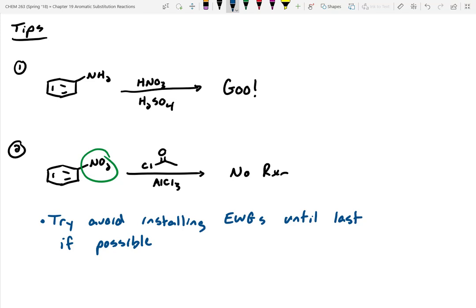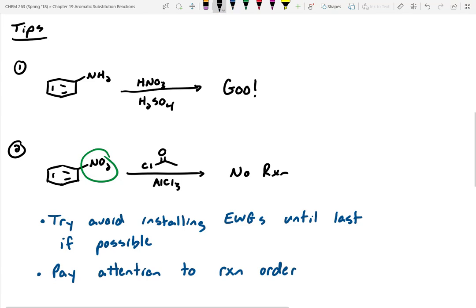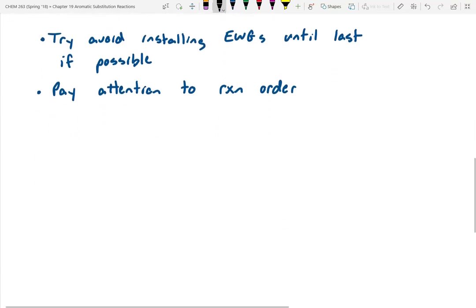So maybe install that nitro group later on in your reaction sequence. Does that make sense? And then number two is pay attention to reaction order. It's pretty tricky, especially with a lot of these aromatic substitution reactions. So let's do a practice problem first, and I'll show you guys a little bit of this challenge.